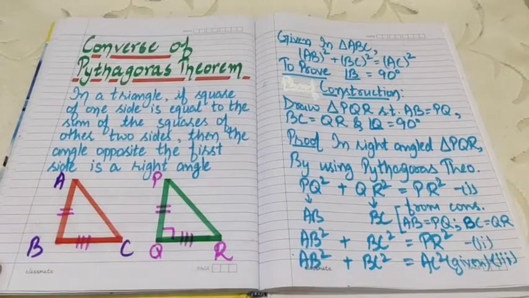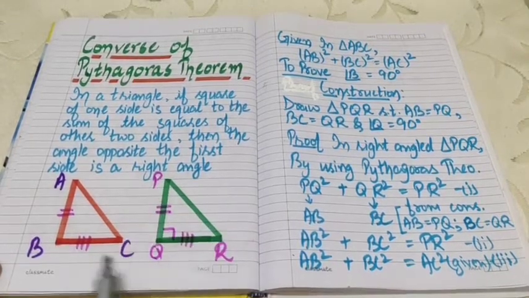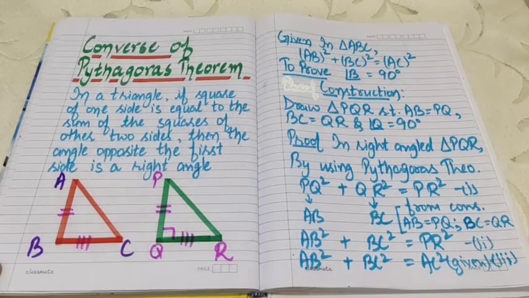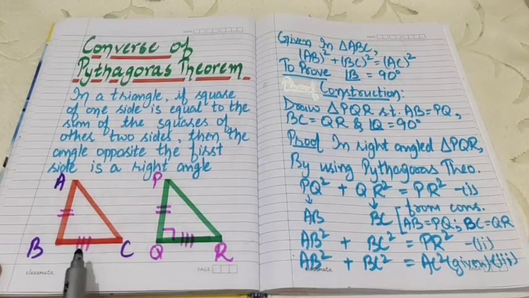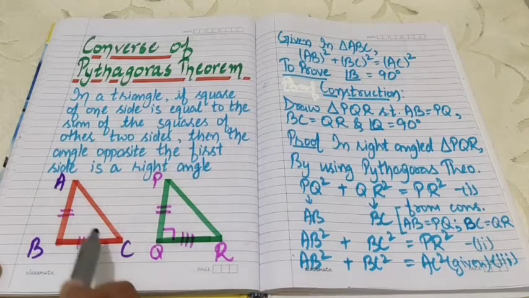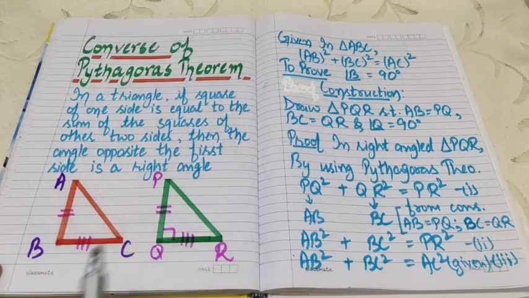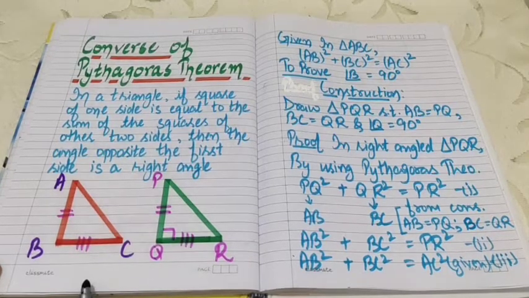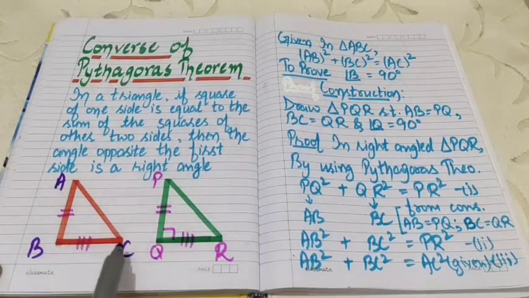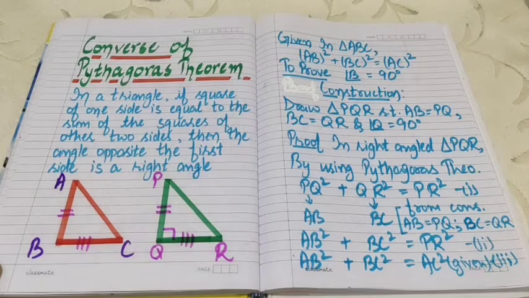Now in triangle ABC and triangle PQR, AB equals PQ, it is by construction, and BC equals QR, again by construction, and AC equals PR, we just have proved in equation number 4. So we can conclude that triangle ABC is congruent to triangle PQR by SSS.